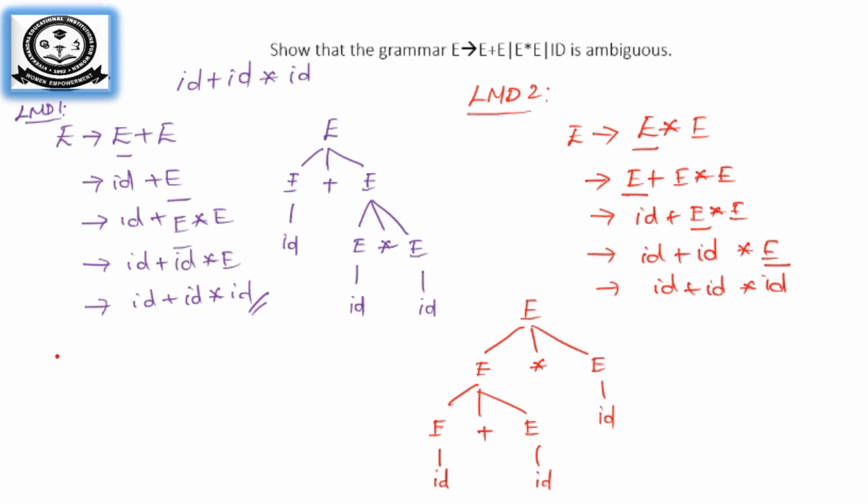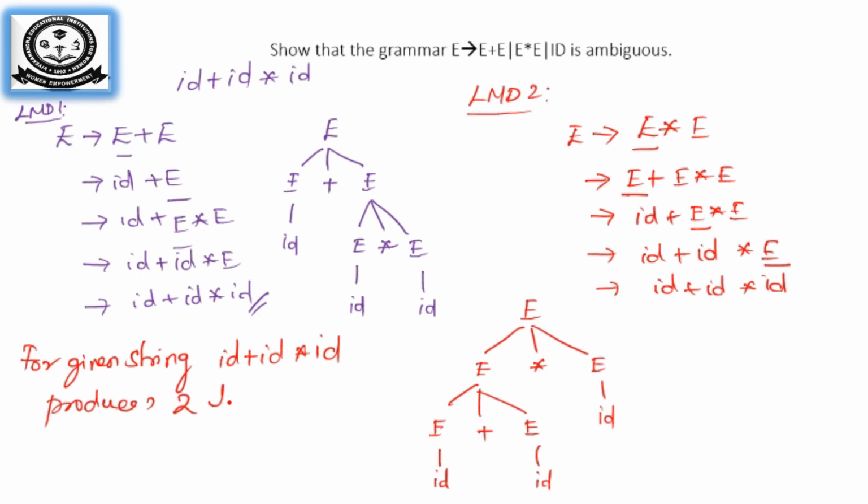Hence, I'll write: the given string ID plus ID star ID produces two distinct LMD derivation trees.